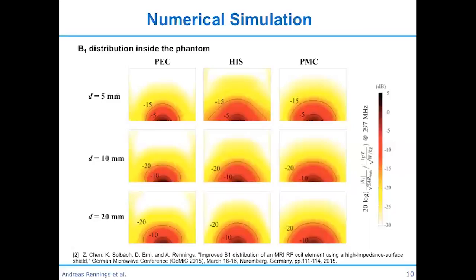The distribution itself doesn't look so bad. It's broadened, and the penetration depth is also better than in the PEC case, but we definitely see a difference between perfect homogeneous PMC and finite unit cell size HIS.